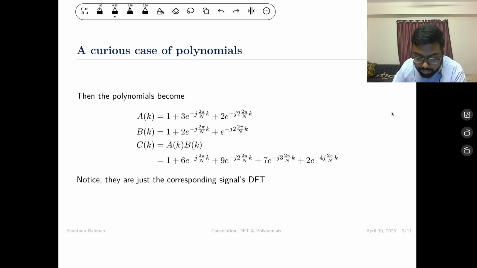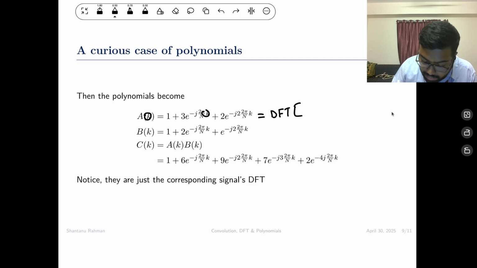Now, if we put that nth root of unity there, it's a complex function, a function of k, so we get this new function a of k. And notice, this is just the discrete Fourier transform of the signal 1, 3, and 2.